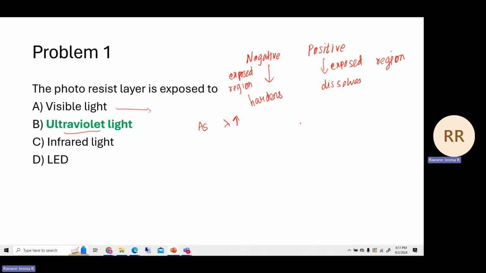We also refer to resolution as the critical dimension, CD. This can be the dimension of the smallest feature, or the smallest gap between two features. So CD is called the critical dimension, and it is a measure of the resolution.